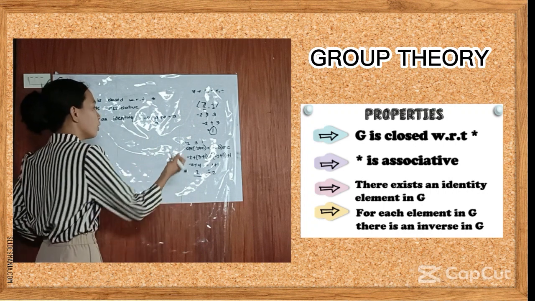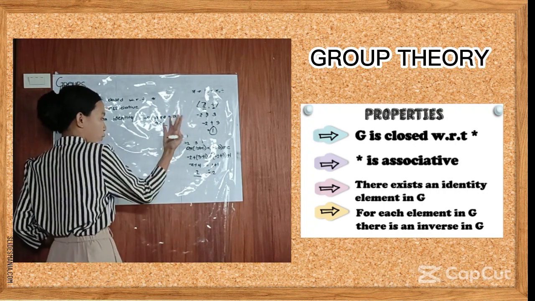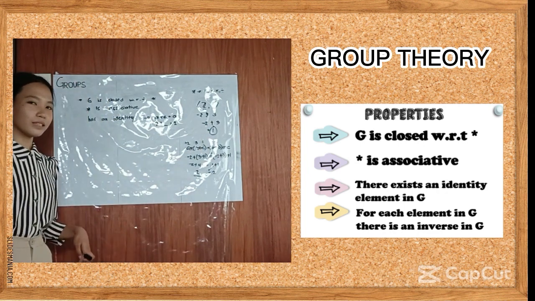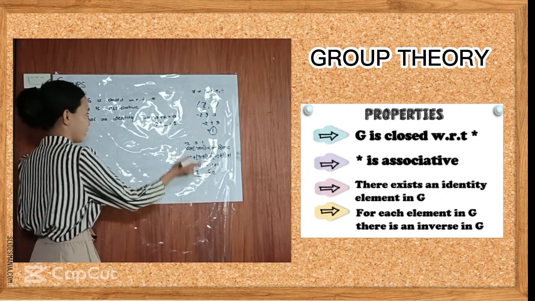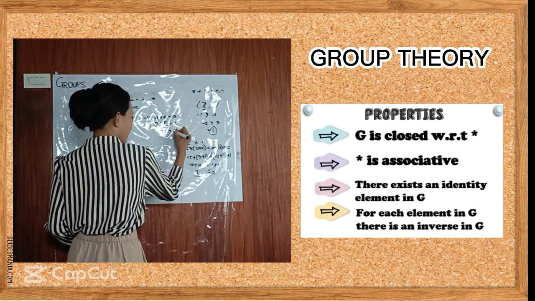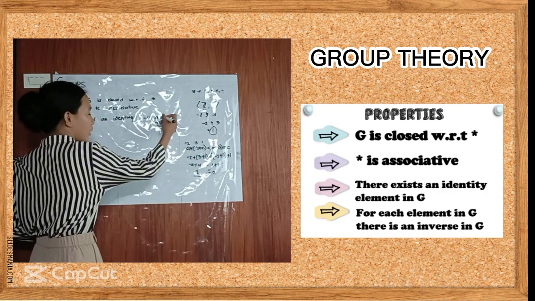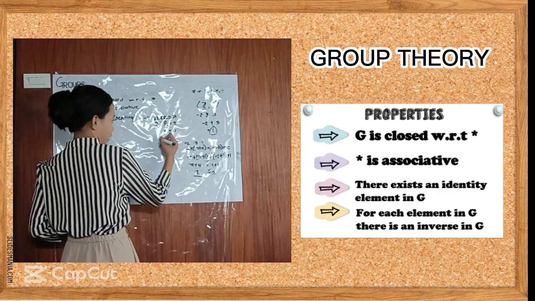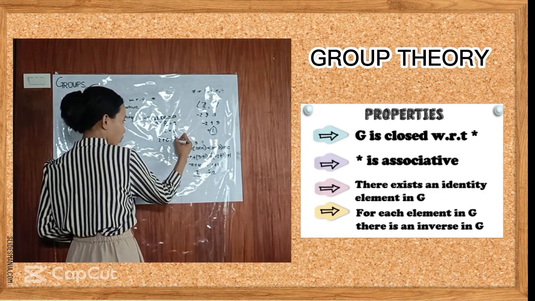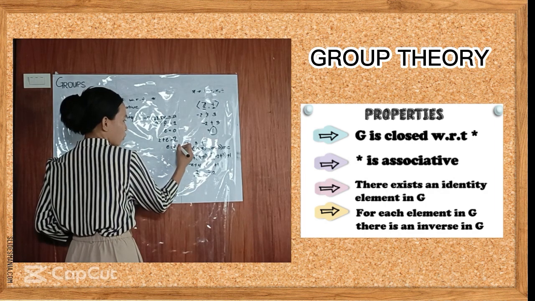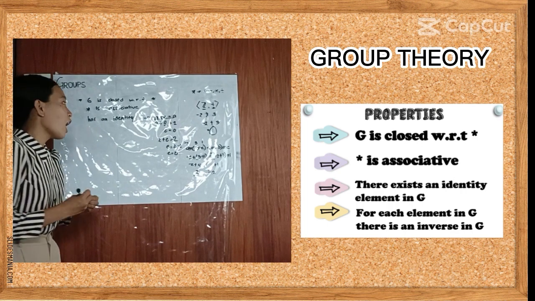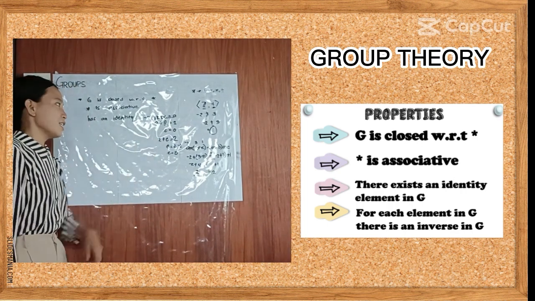When we add, we should get 2. Yes, 0. So our E there is 0. Let's substitute: our A is 2, plus E, is equal to 2. E is 2 minus 2, so E is equal to 0. Therefore, our identity here is 0.